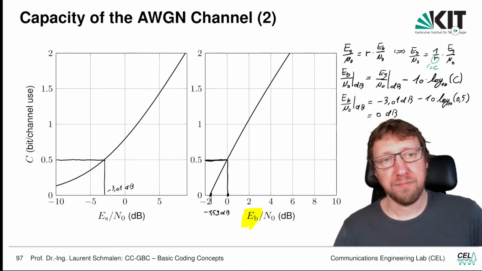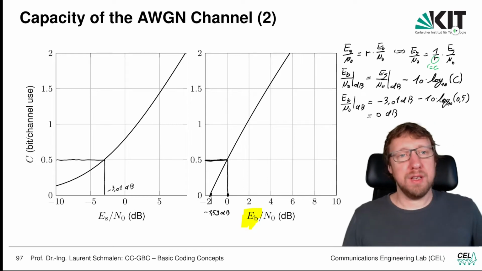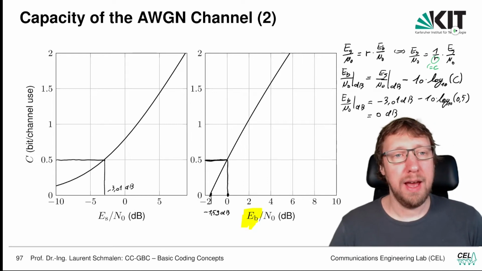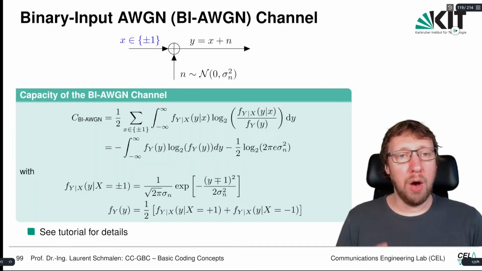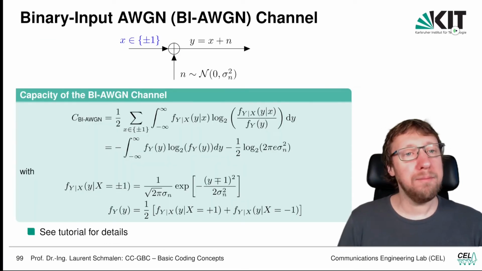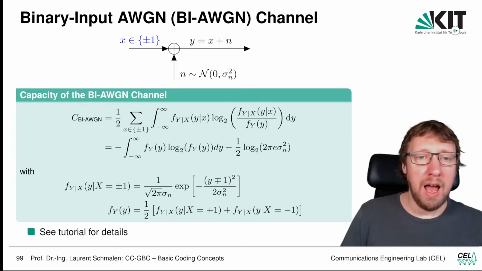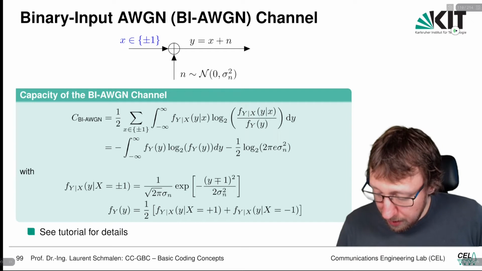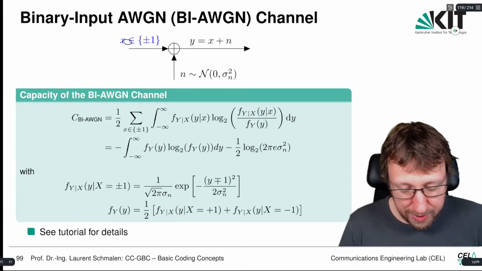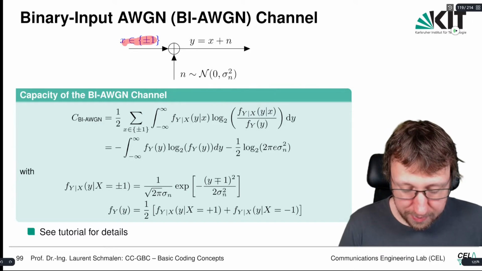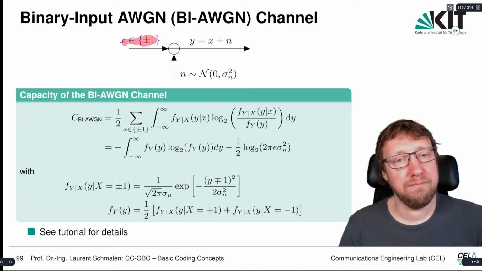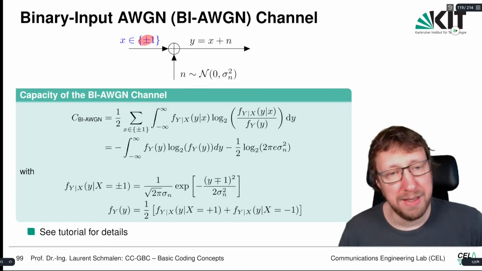All right. So we have the AWGN channel, and we have the absolute communication limit. Now we're looking at the practical channel, which is the binary input AWGN channel. Now we have the constraint that the input X is plus or minus 1. So what is the capacity?